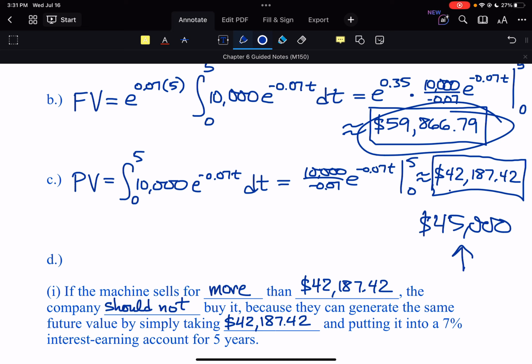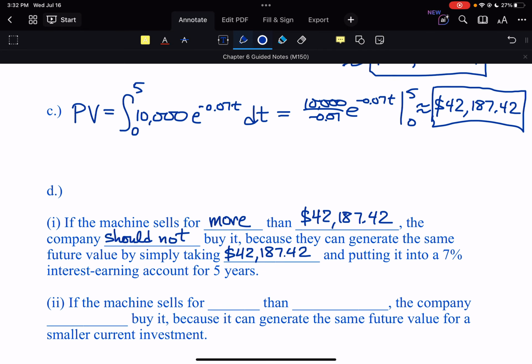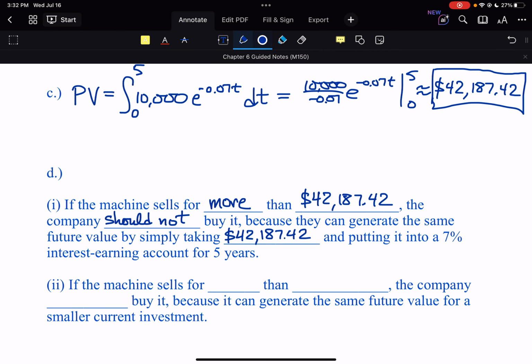Whereas this way, you only spend $42,000 and you get the same future value. And on the flip side of this, if the machine sells for less than $42,187.42, then the company should buy it because it can generate the same future value for a smaller current investment.